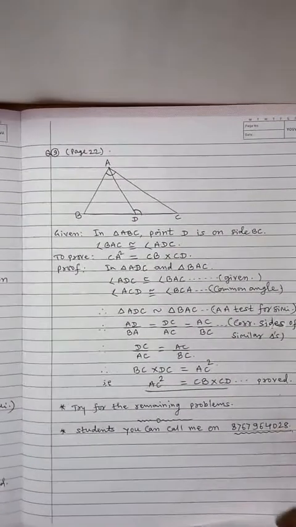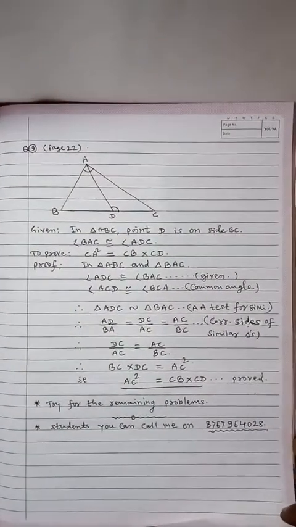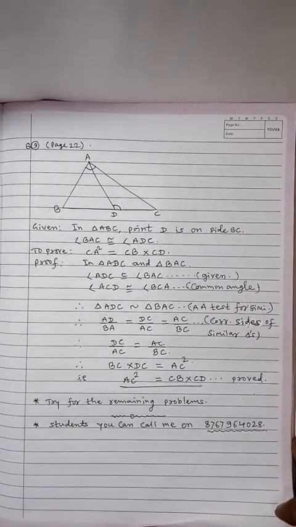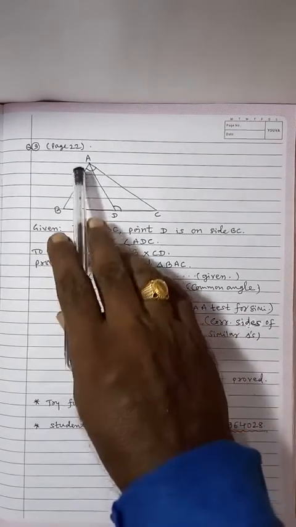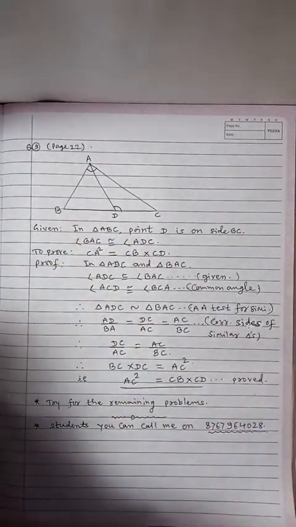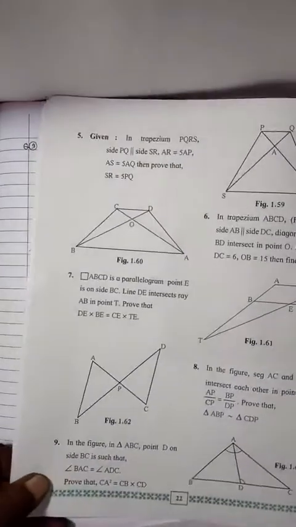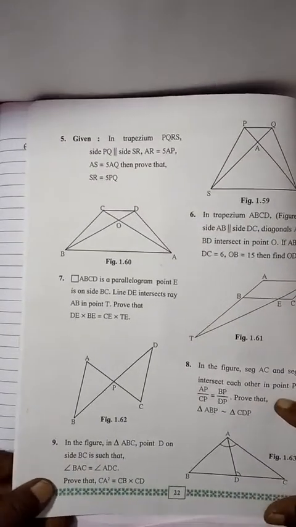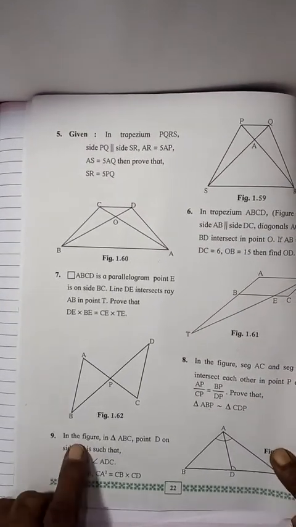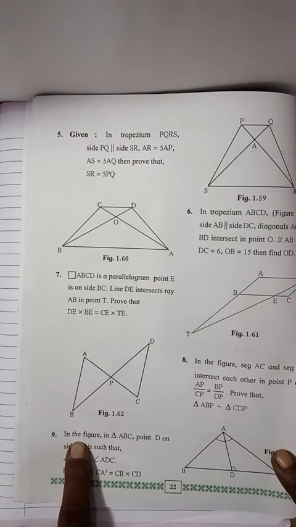Now we will move to question number 9, page number 22. So let us see the textbook. Here it is question number 9. Now pay attention to what is given.